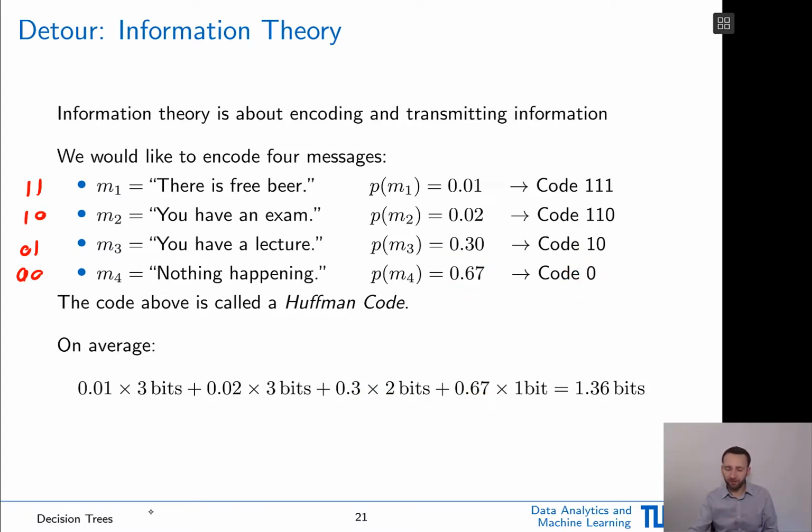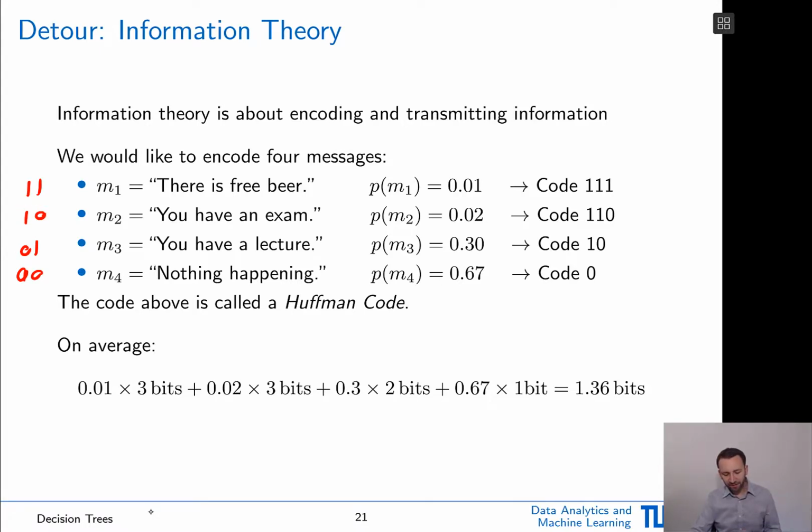If we compute this average, on average you now need only 1.36 bits. So if you want to say something, on average you have to say only 1.36 digits, so to say, 1, 0, 0, 0. This is a much smaller number than with the naive encoding, where you always need 2 bits, so the average would also be 2 bits.